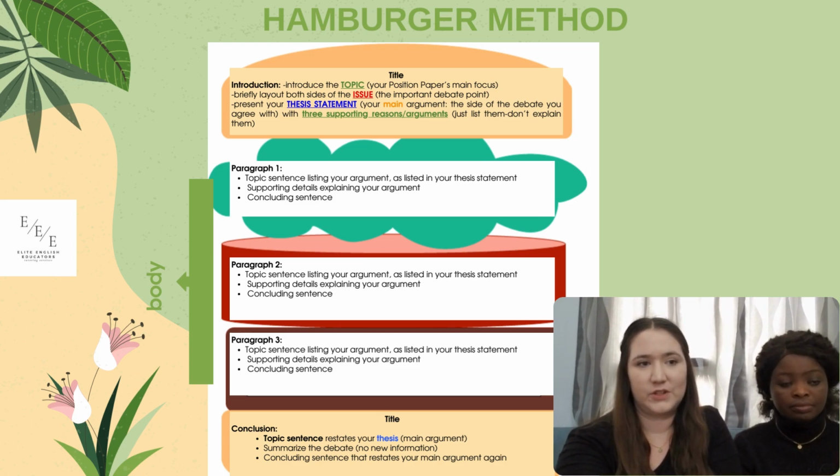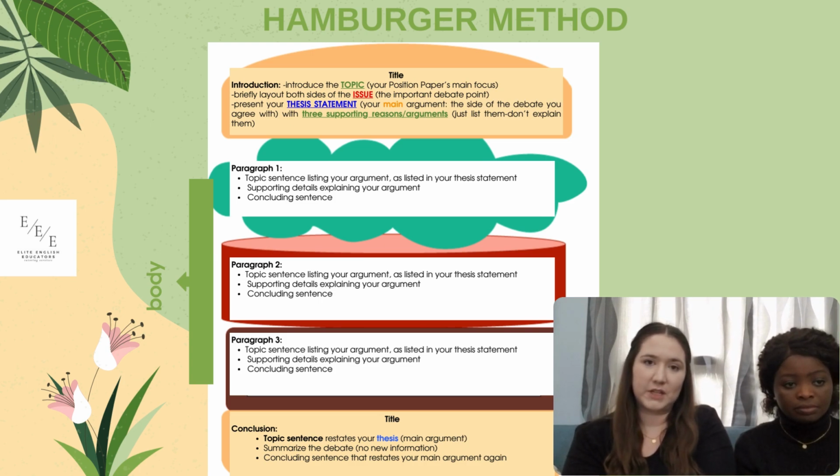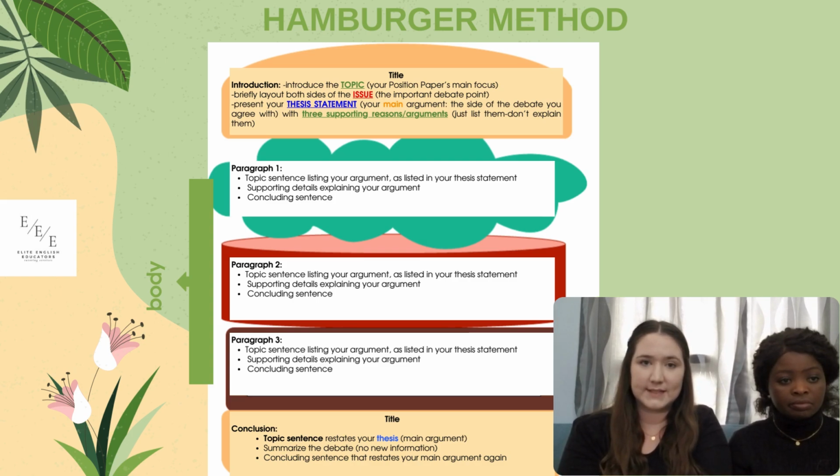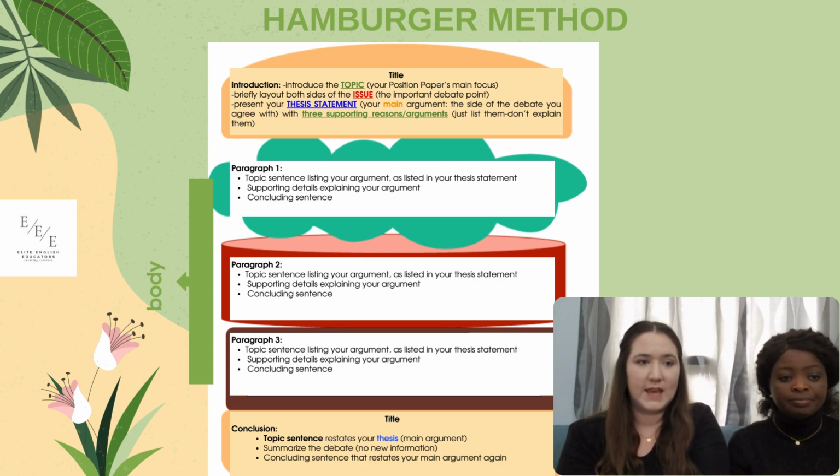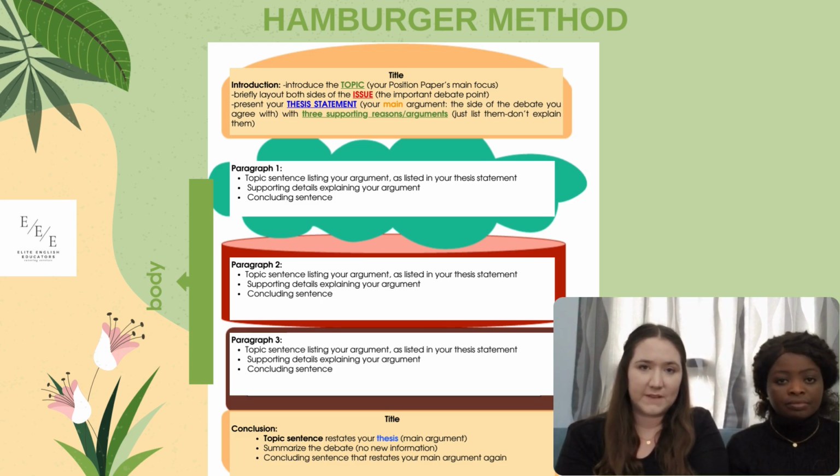The audience shouldn't know which side of the argument you're on just yet. That's where your thesis statement comes in. This is ideally the last sentence in your introduction paragraph, and it should clearly outline your side of the argument, and it's going to be the foundation of your entire essay. We'll show you how to write a really strong and clear thesis statement next.